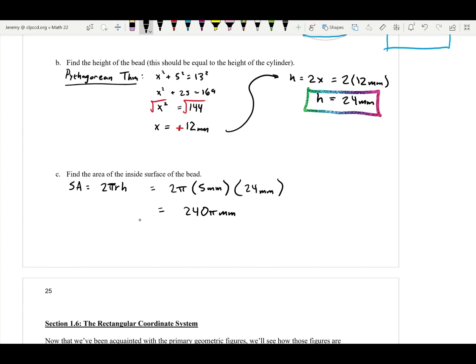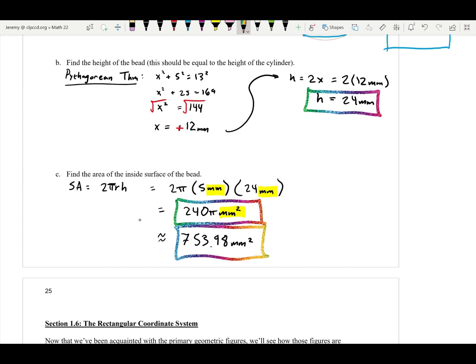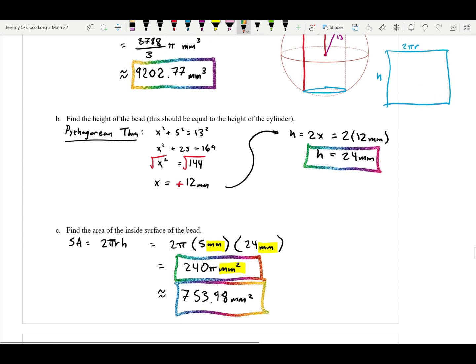But just in case you're asked for a decimal approximation, you could multiply using your calculator, and I'm getting, rounding to 2 decimal places, 753.98. Oh, sorry, this should be millimeters squared, right? Because I multiplied millimeters times millimeters. So either of these would be just great as answers to this.